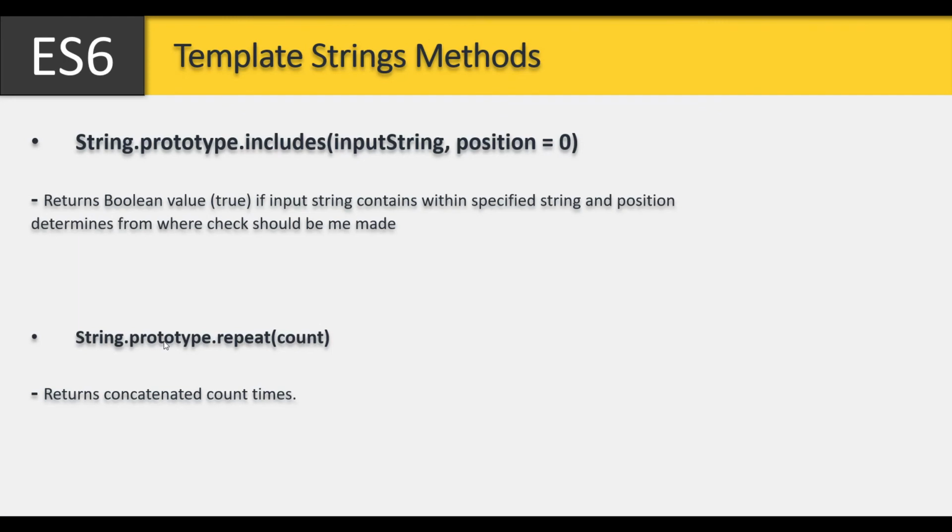Now let's see the last method, repeat. Repeat is used to repeat the same string n number of times, where n is an integer number that you specify in the count parameter.